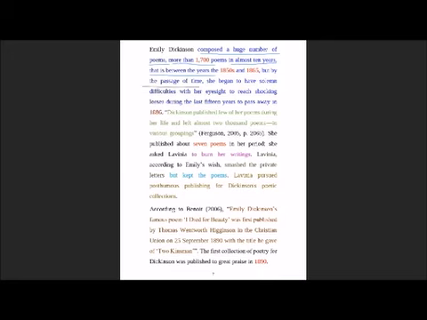But by the passage of time, she began to have serious difficulties with her eyesight, to reach shocking losses during the last 15 years, and to pass away in 1886. Emily Dickinson published few of her poems during her life.